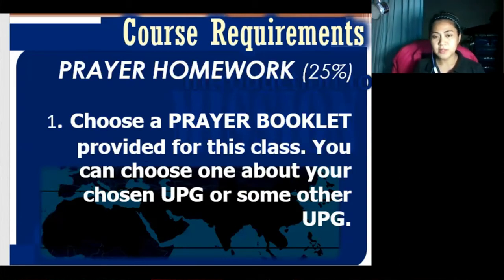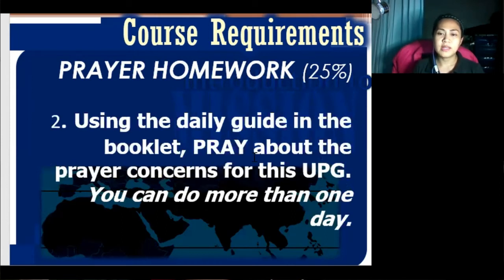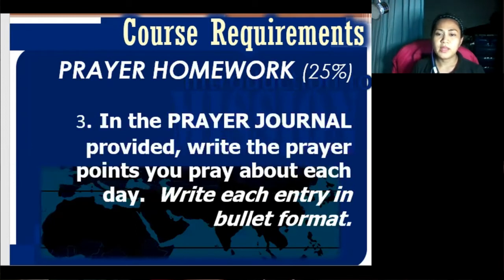For the last one, prayer homework, 25%. We will be sending you the prayer booklets, and you can choose one about your chosen UPG or some other UPG. Using the daily guide in the booklet, you will be praying about the prayer concerns for this UPG, because there are written prayer concerns. You can do more than one day if you choose to. In the prayer journal provided, write the prayer points you pray about each day.